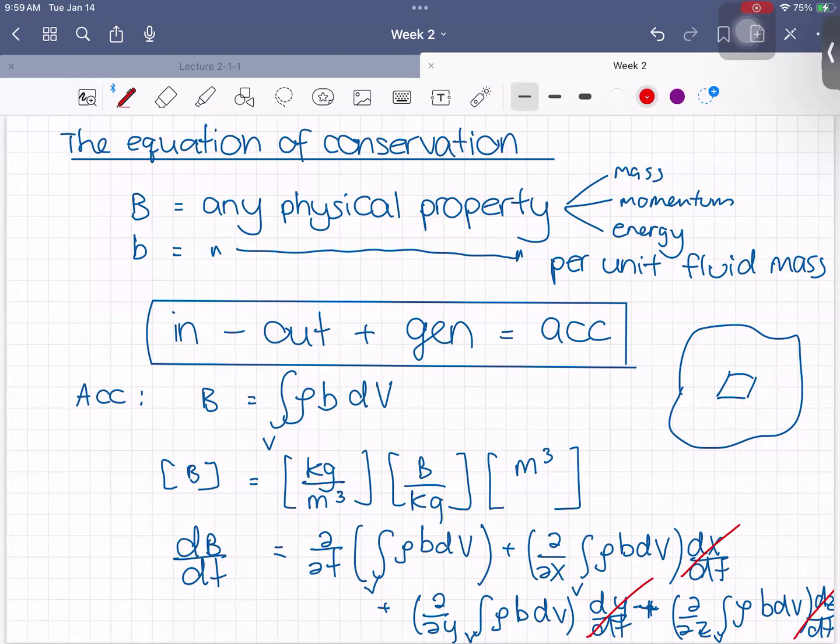So all three terms right there are equal to zero, because there is no change in size with time. Or you can say that the volume of the system that we're focusing on right now is constant. So what we have left is just the first term here.